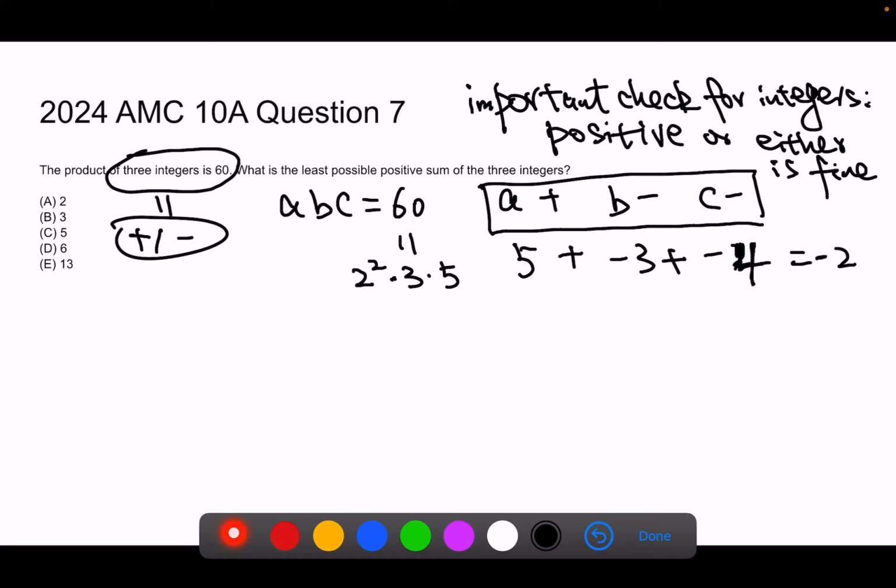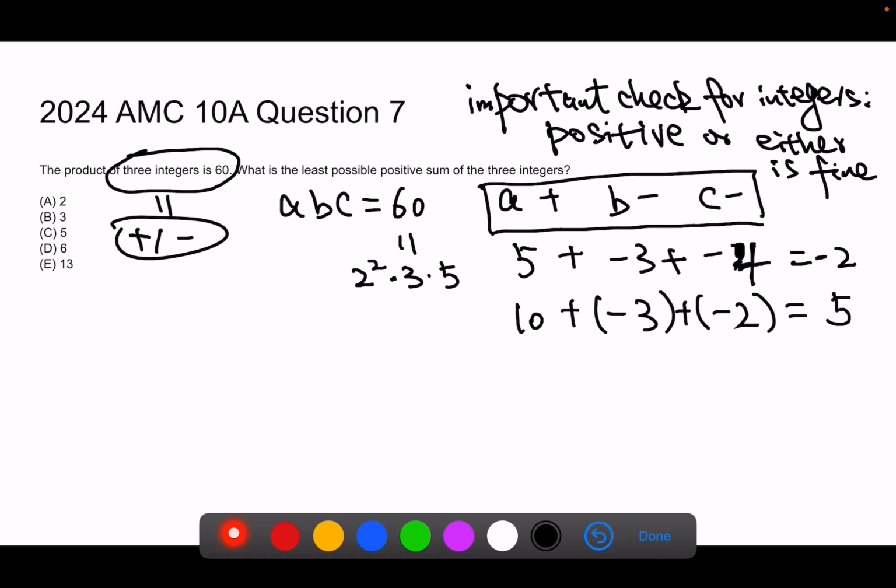So I can do 10, -3, and -2. If you do that, you get 5. This time the sum is positive, but the question becomes, can I make it even smaller?